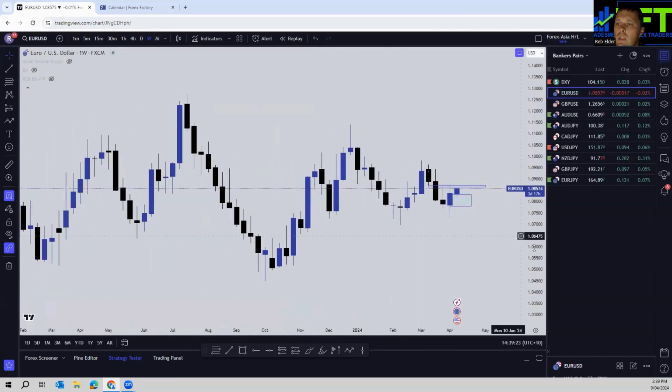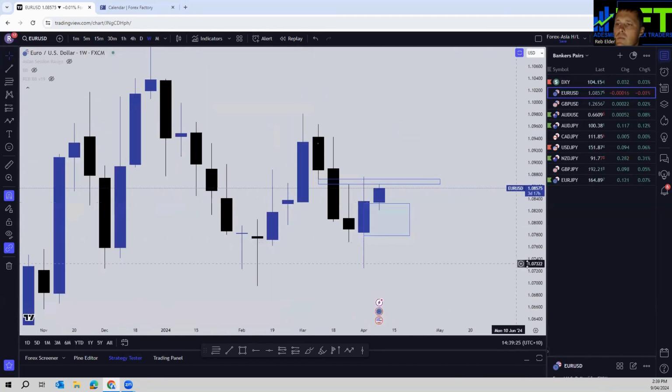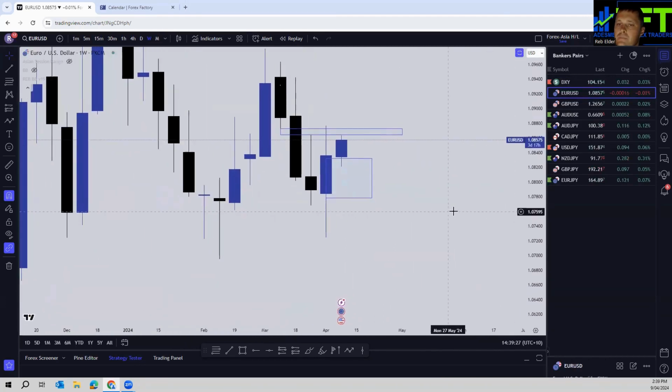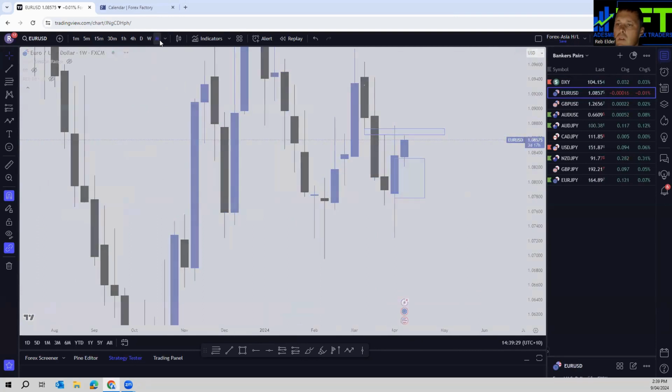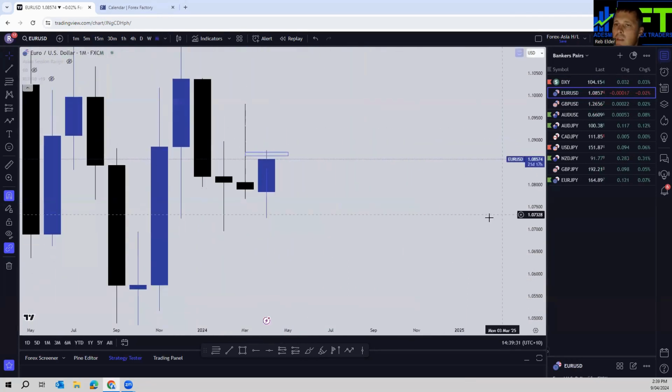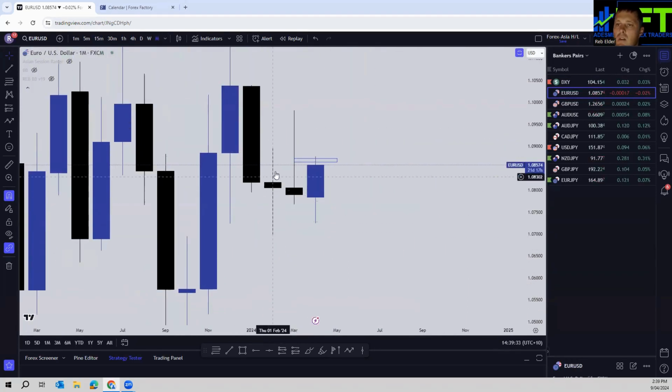Moving down to the weekly, we can start to do a little bit of analysis here. Where are we on the monthly? So obviously this month in February took out this low here, which then triggered a push up.